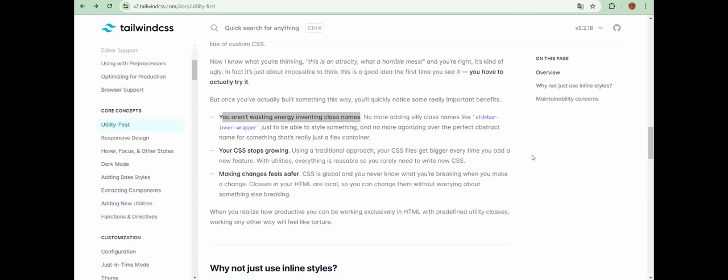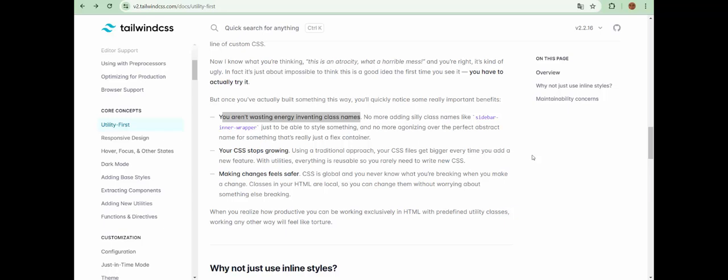Also, every utility class of Tailwind, we must type by hand in the HTML element. Also, we don't know the naming, and we must look somewhere for the name of those classes.